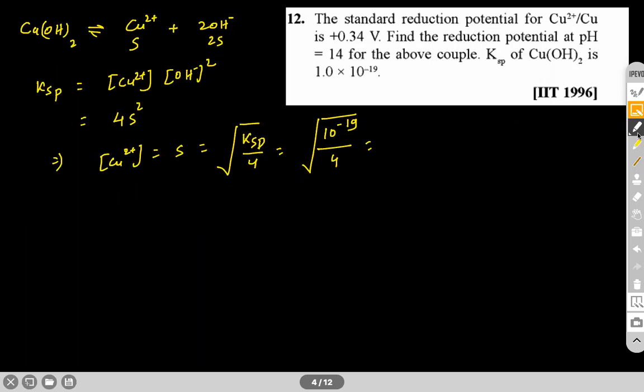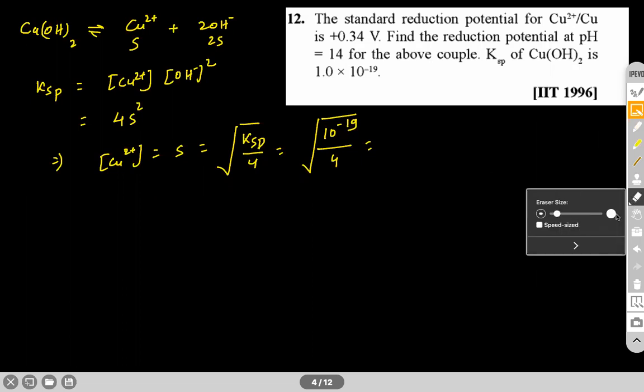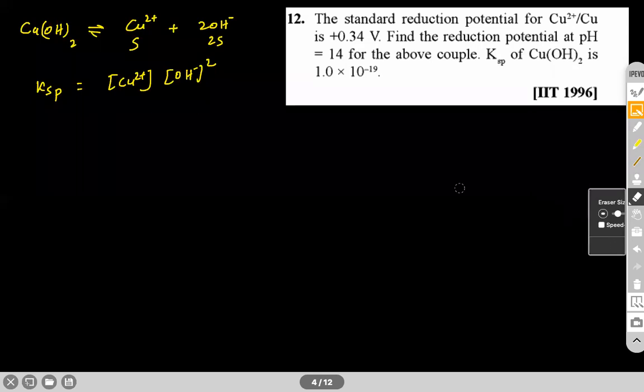Hence we cannot use this method over here because in the solution we do not have any idea about the solubility of this compound, since the solution thing is not mentioned.